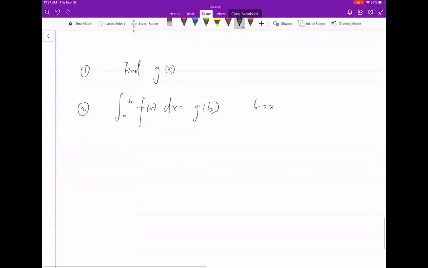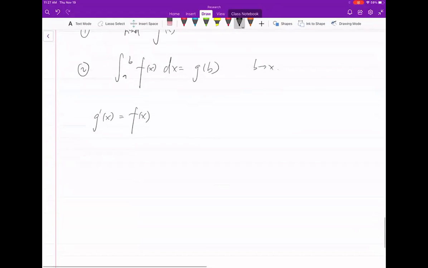Let's see how we do it. How do you find the g? Where do you start? You start from here. If you know the derivative of g, how do you find g? I found the antiderivative. So let F(x) be the antiderivative of f.